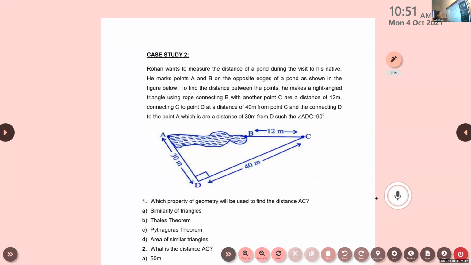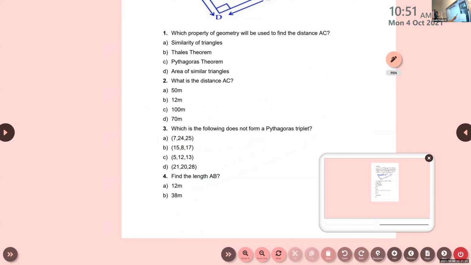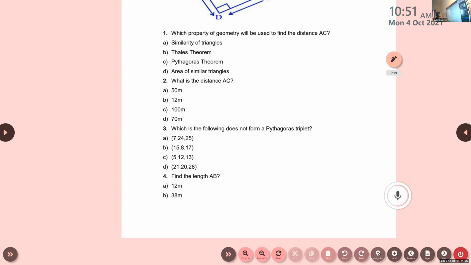Now answer the questions. First one. Second one. Third one also you can find. Find out first one, second one. Can you show the figure again?